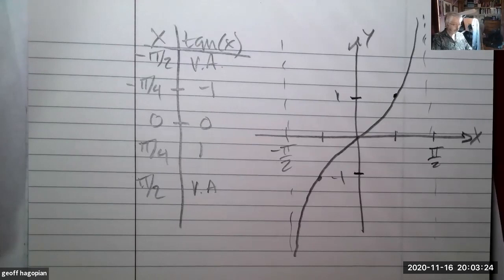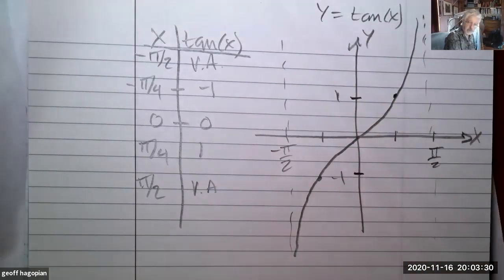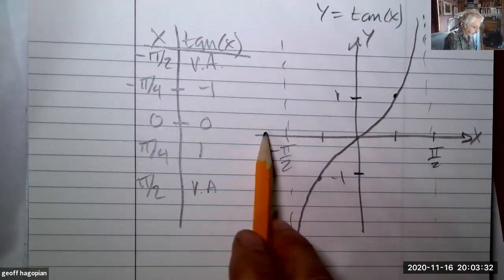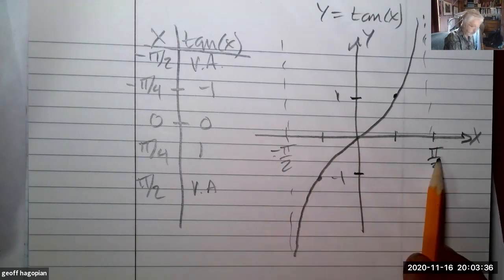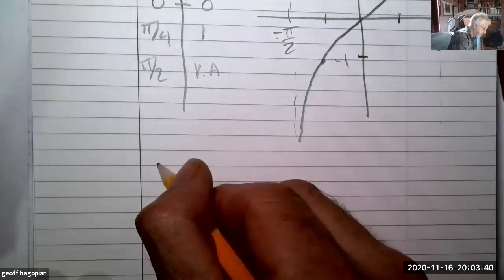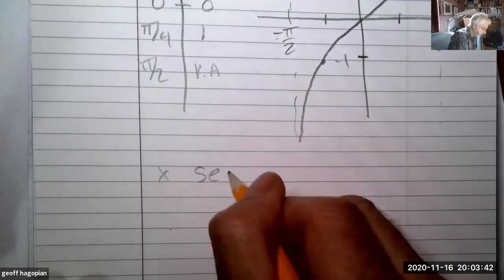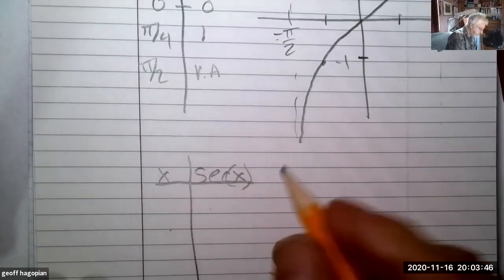Now think about transformations on that, right? So this is the graph of y equals tan x. And it's periodic, right? So this is one waveform. The wavelength is pi, going from negative pi over 2 to pi over 2. And how about secant? Well, that's the reciprocal of cosine, right?